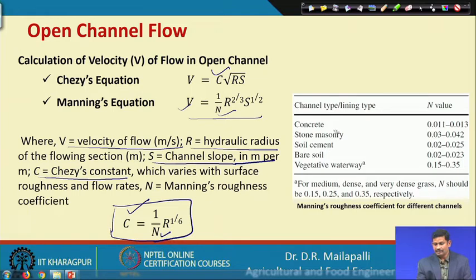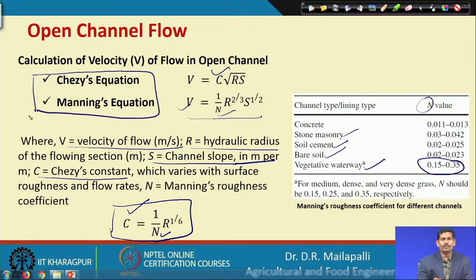Here are some materials used in channels and their n values: concrete, stone masonry, soil cement, bare soil and vegetated waterways. Vegetated waterways give relatively larger roughness compared to other structures, which is why their n value is higher. These two equations are very important when you are designing irrigation channels.